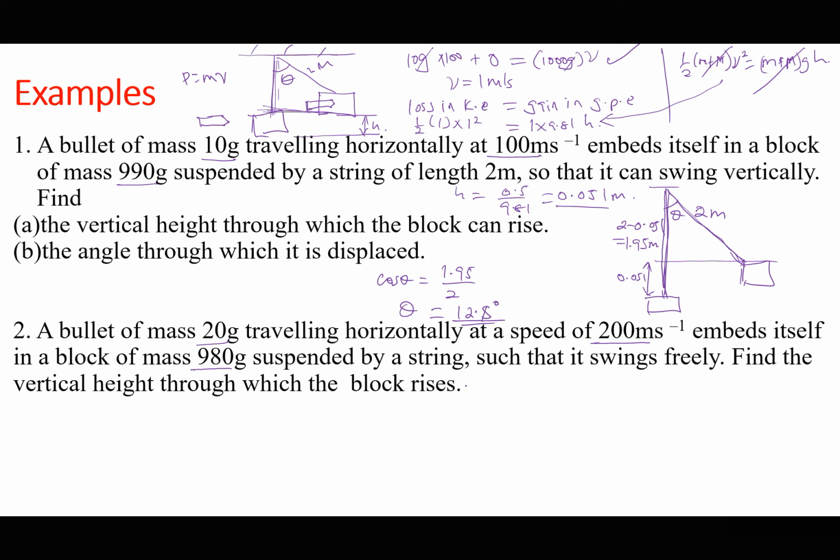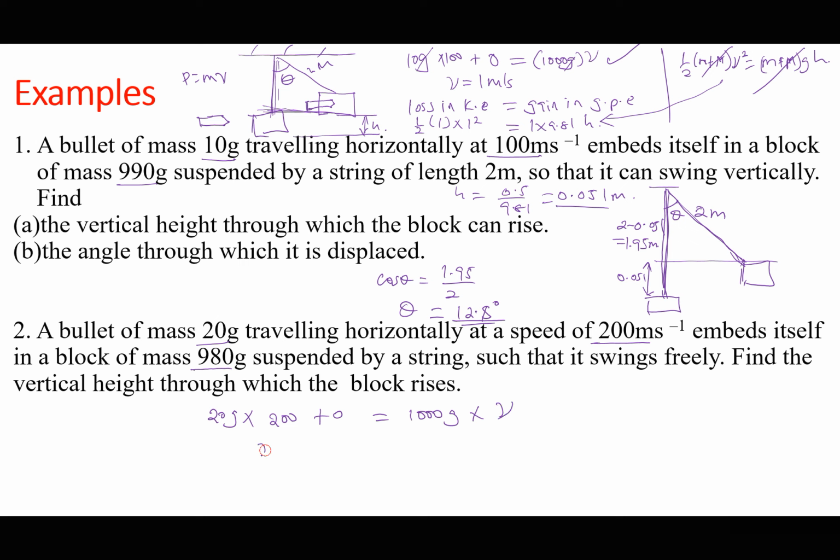By conservation of momentum, total momentum before collision is going to be 20 grams times the speed, which is 200. The other one is at rest, so I'll say plus 0. When they collide, it becomes one body whose mass is 980 plus 20, that is 1000 grams, times the speed, which is not known, v.